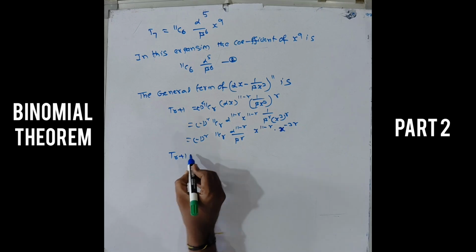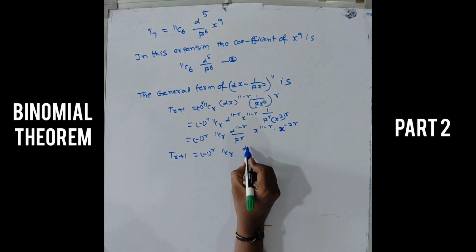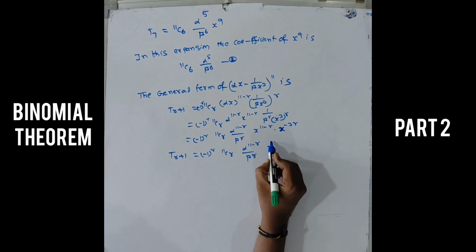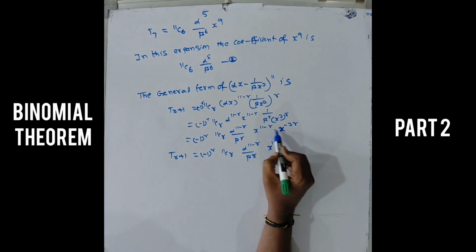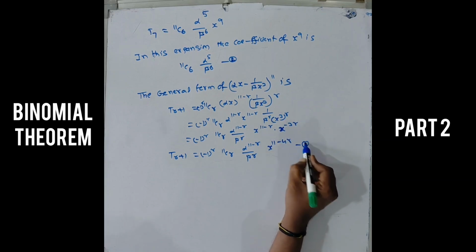T(r plus 1) is equal to minus 1 power r 11Cr alpha power 11 minus r by beta power r into x power 11 minus r minus 3r, which is minus 4r. This is number 3.